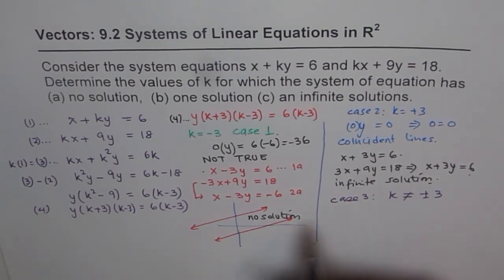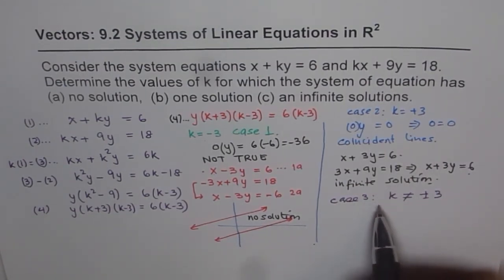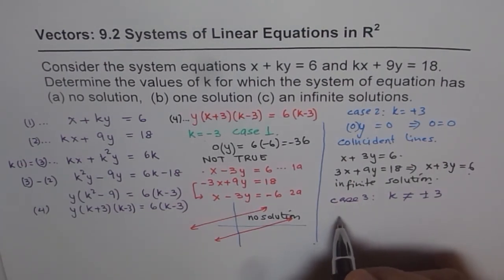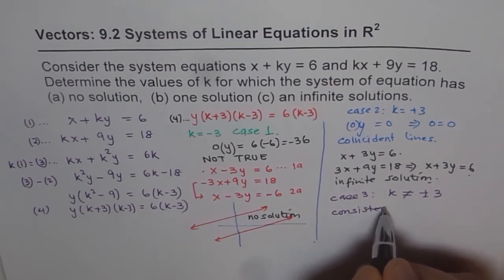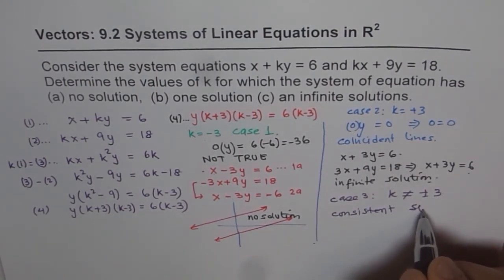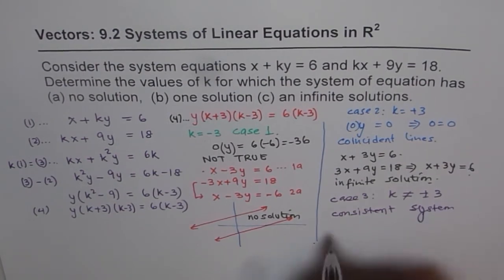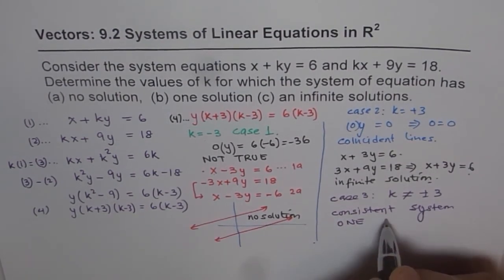In that case, these lines have different directions and they will intersect at one point. So then we have a consistent system with one solution. Do you see that?